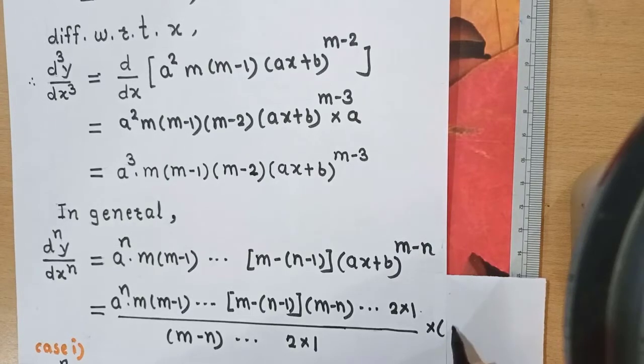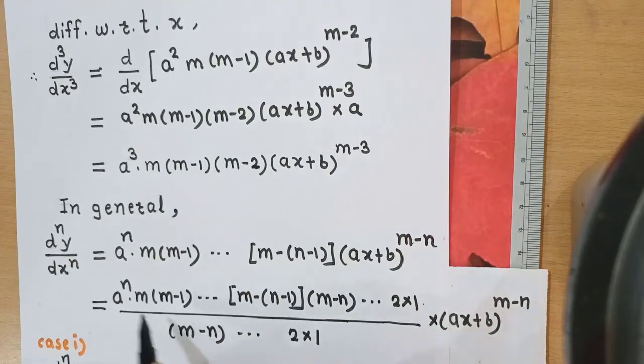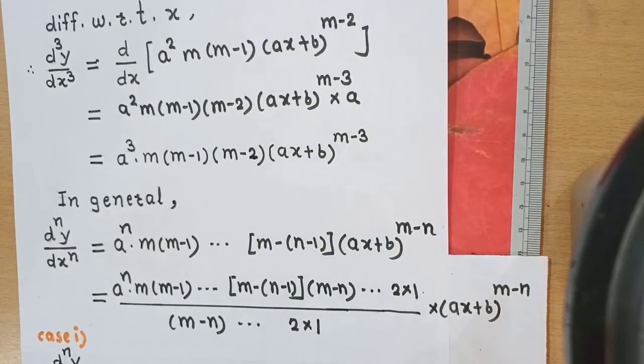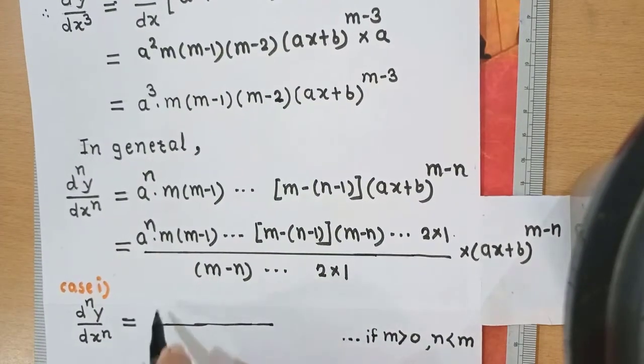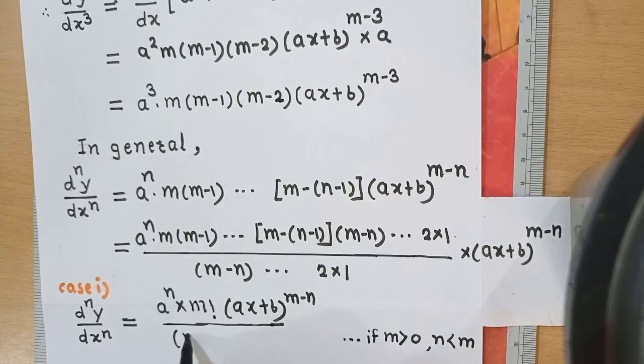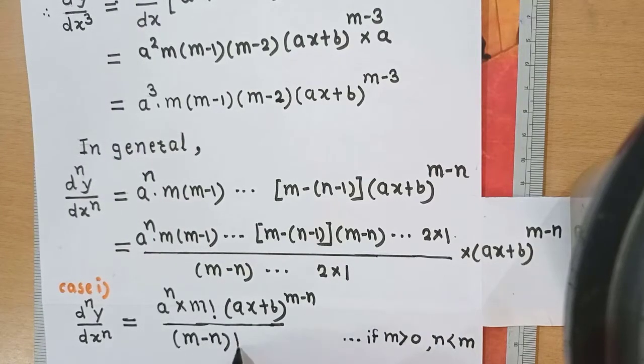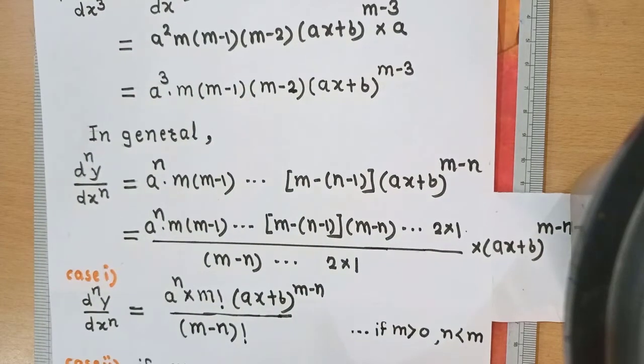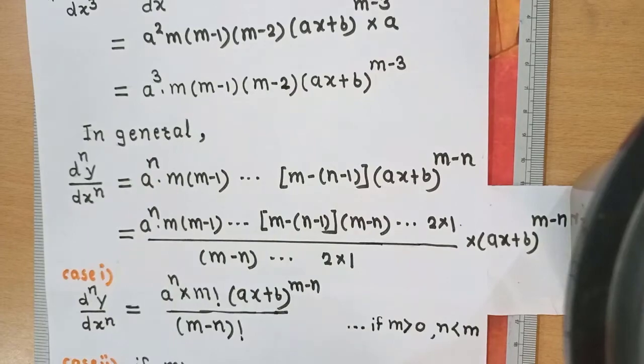So write down here (ax plus b) raised to m minus n, and again m up to 1 is nothing but m factorial. So in the next step, in the denominator (m minus n) factorial, because these terms are in multiplication up to 1. This is the simplest form of the nth derivative, and here m is greater than 0.